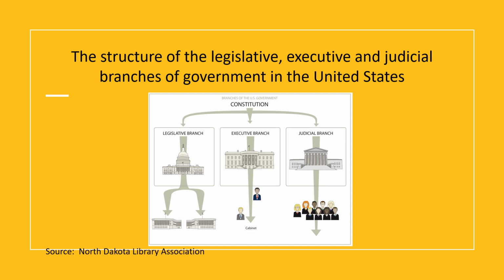Now let's move one to the right, and we see the executive branch, which is headed by the President of the United States, but we also see moving down that arrow that the President has a cabinet. A cabinet member is a person who most often is responsible for a federal department, such as the Department of Justice or the Department of Education.